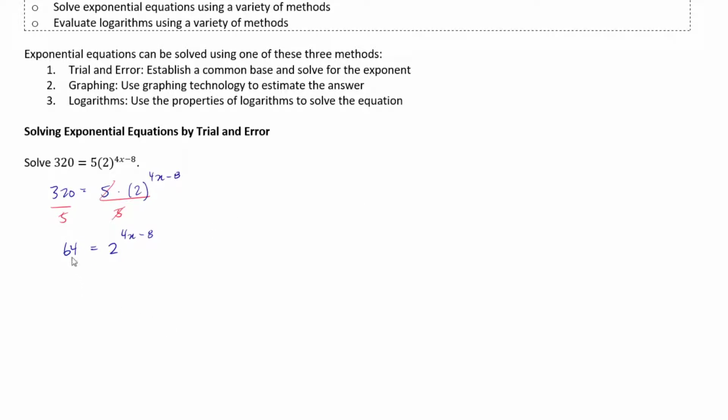Well, this is helpful because 64 is a perfect power of 2. Right? So 64 can just be written as 2 to the power of 6. And then we have that equal to 2 to the power of 4x minus 8. So this is what we call establishing a common base.